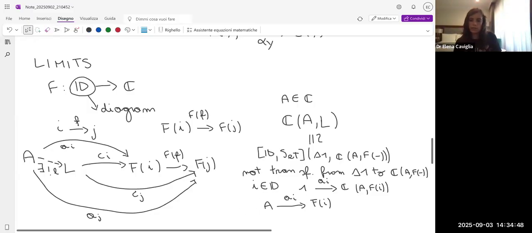These arrows from A to F(i) are precisely the ones that form the cone from A, the one that we had here on the left.